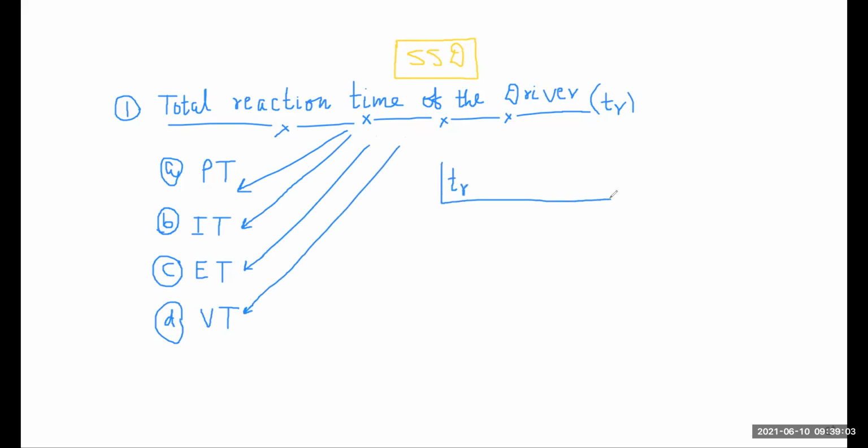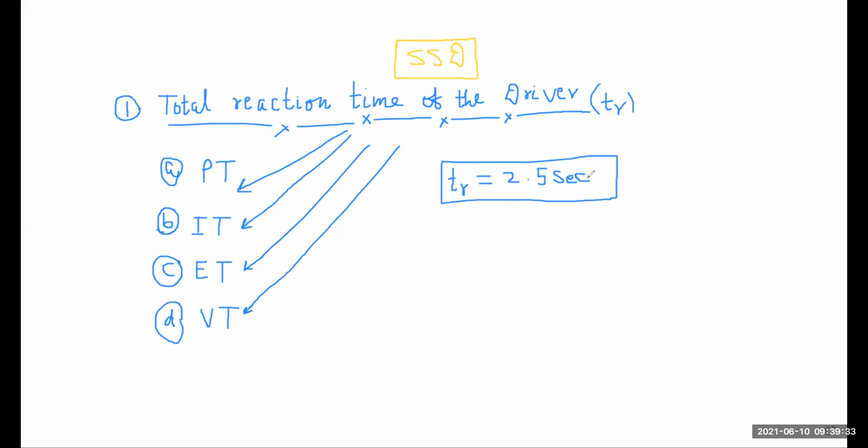IRC says the reaction time is 2.5 seconds. But for certain complex situations, they also give 3 seconds or 4 seconds for total reaction time, though they generally take total reaction time equal to 2.5 seconds.